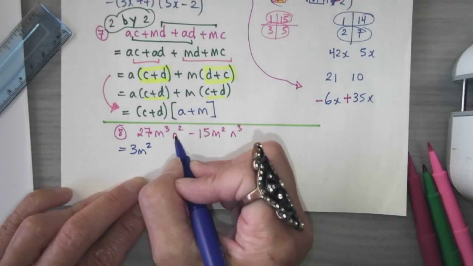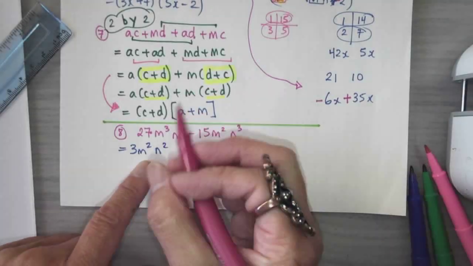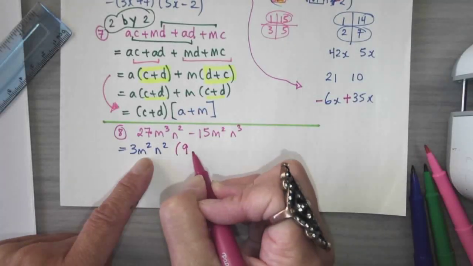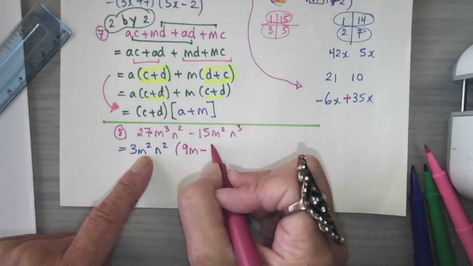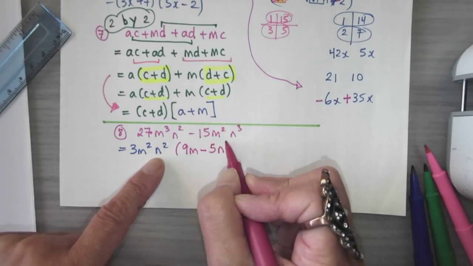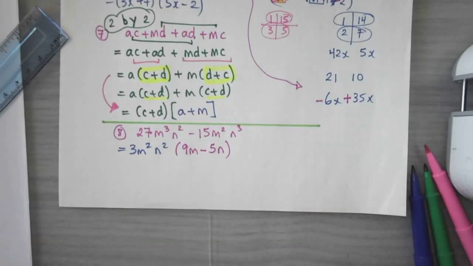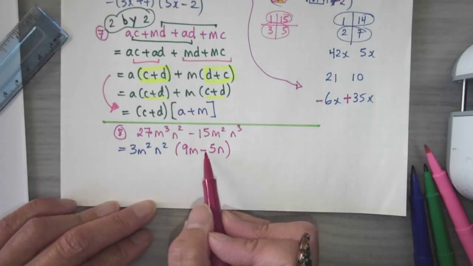And then they both have m, so I have 3 of them here, 2 of them here, so I'm going to take out 2 to be fair. And n, I have 2 and 3, so n squared. What we have left over is 9m minus 5, and then I took out 2, so I had 1 n left.